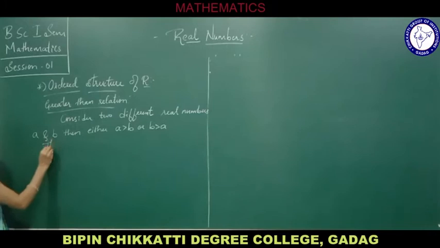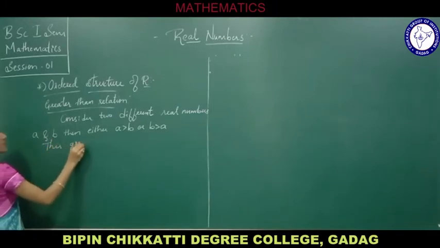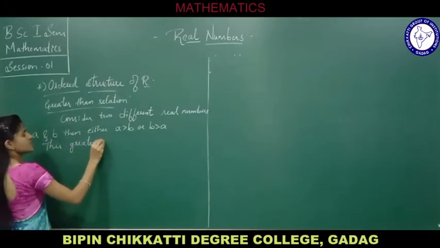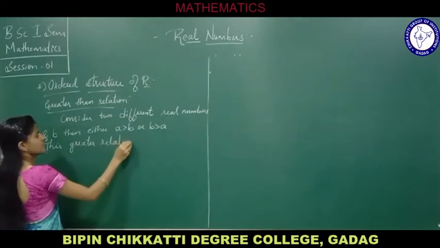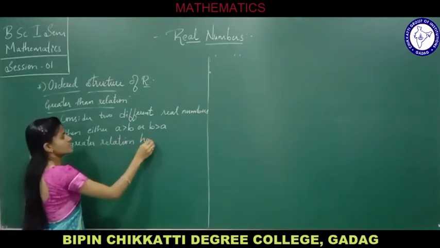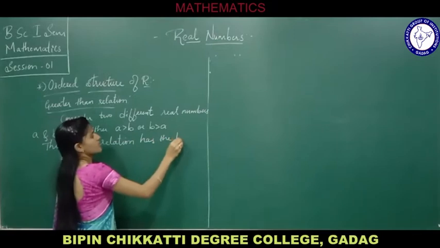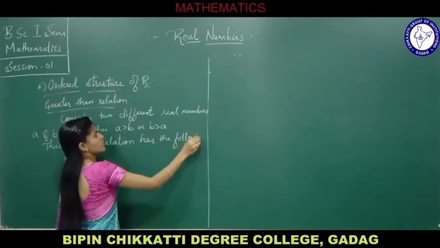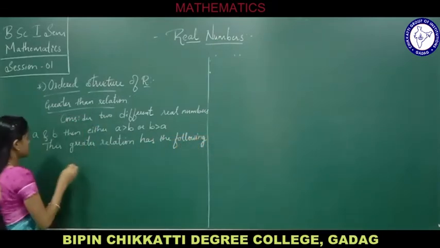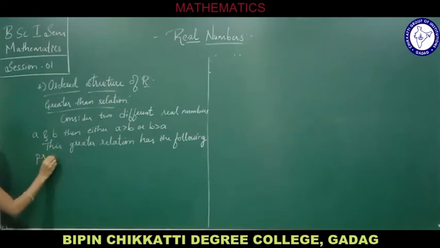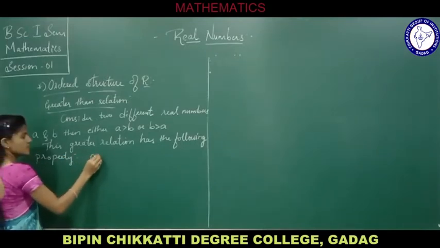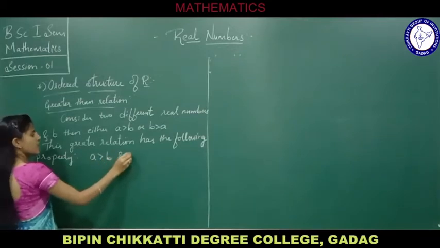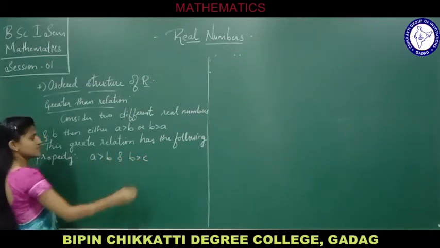If a is greater than b and b is greater than c, then a is greater than c.